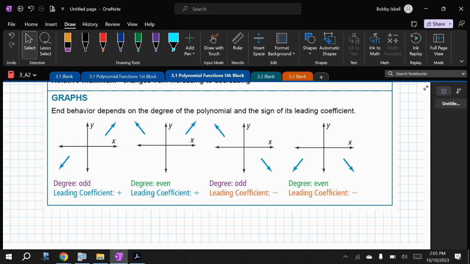You'll need that for 28. And then the rest of them are pretty straightforward. Leading coefficient is all you're doing on 30.